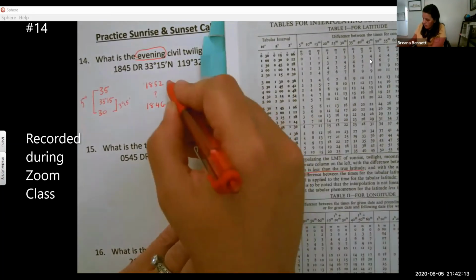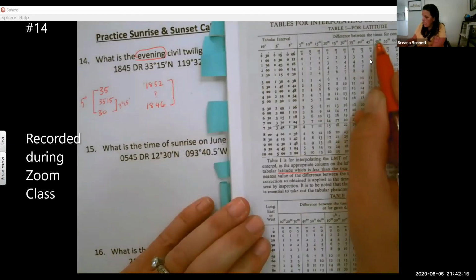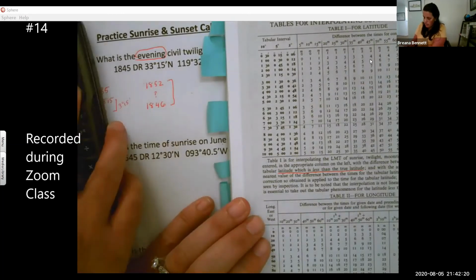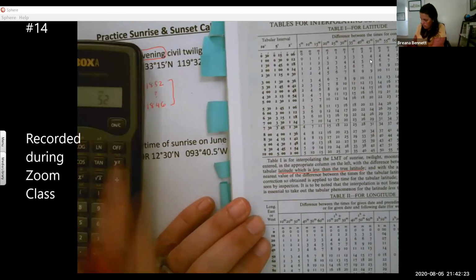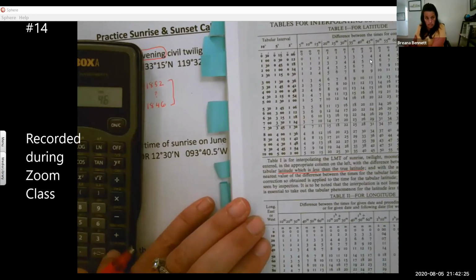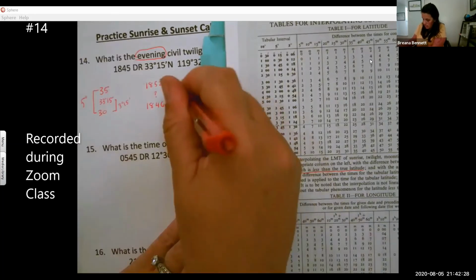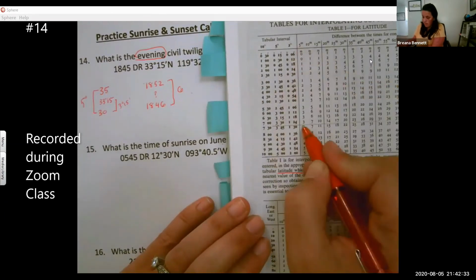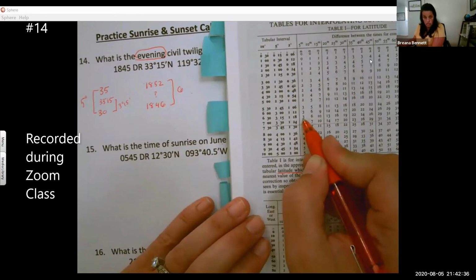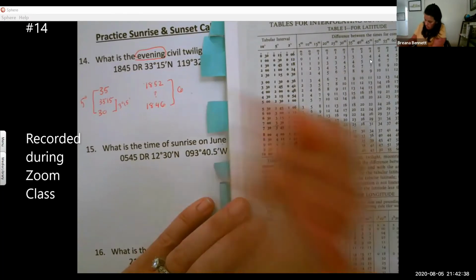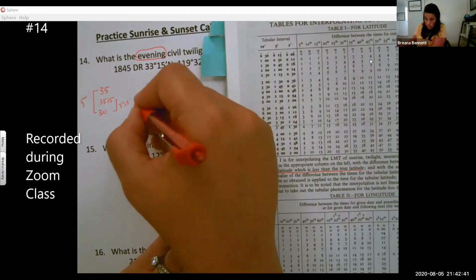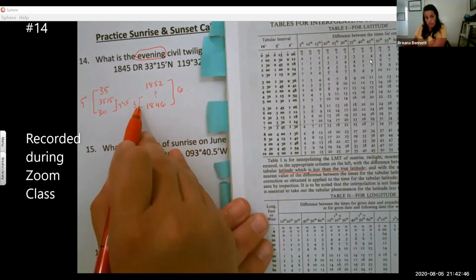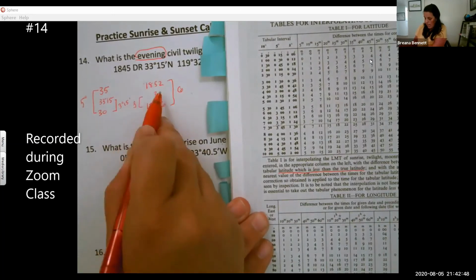And then our difference between times for consecutive latitudes, we have 52 minus 46 gives us 6. So that's going to be closest to the 5. We're going to use the 3. So if this is 46 and I have a 3-minute difference, and that's 52, I'm going to be adding it.